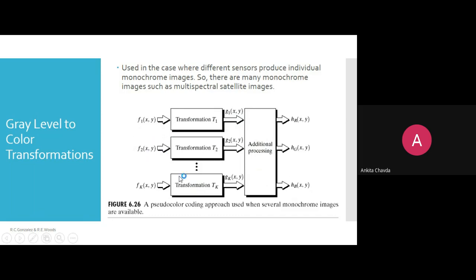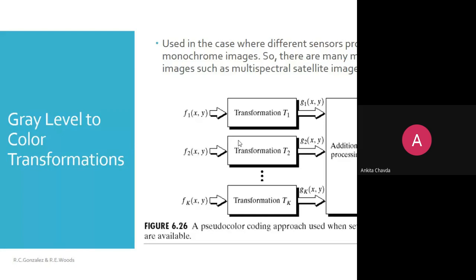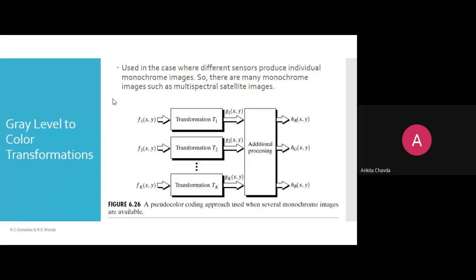Then for another image, whatever the number of images you want to combine, all the images will be given and additional processing will be done. So finally we will have one image having three different independent planes, that is hr of xy, hg of xy, and hb of xy, red, green, and blue.